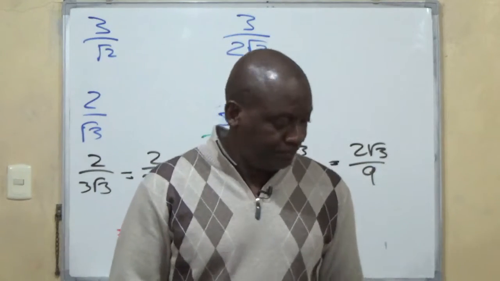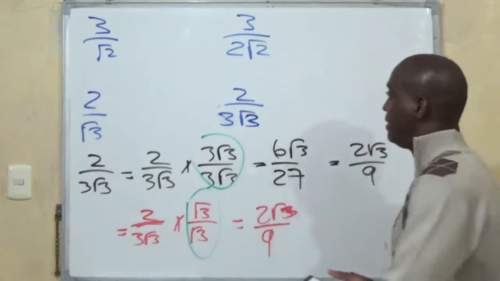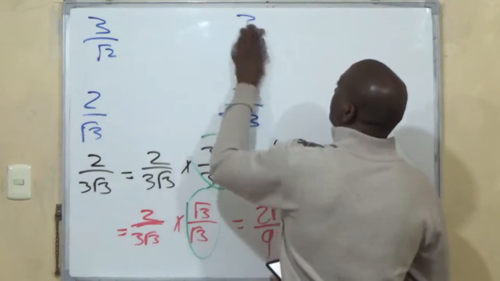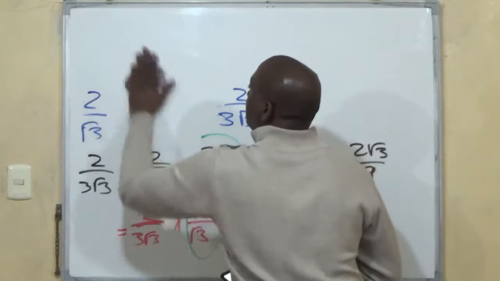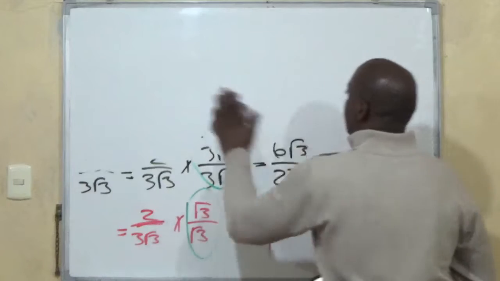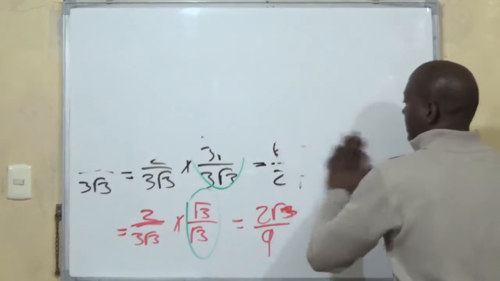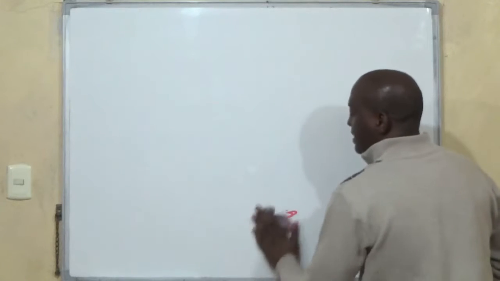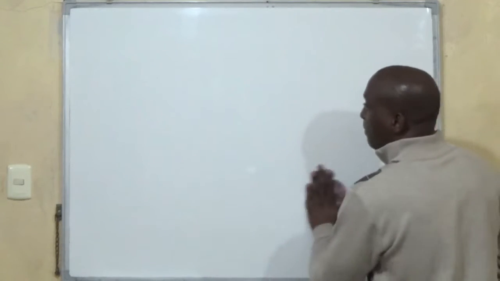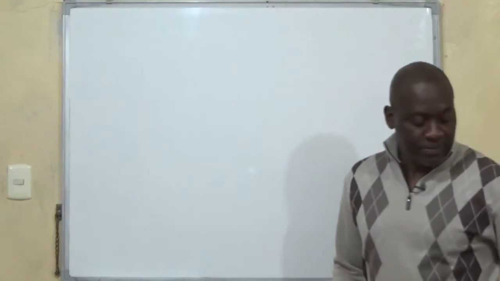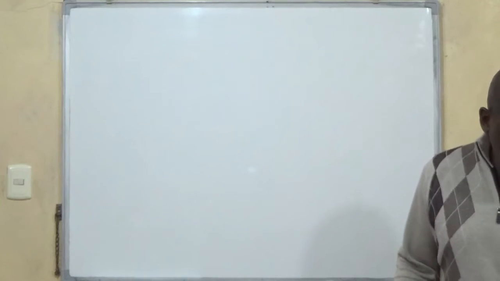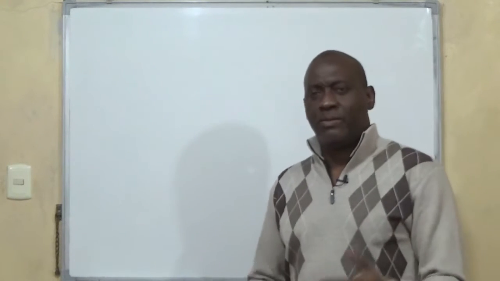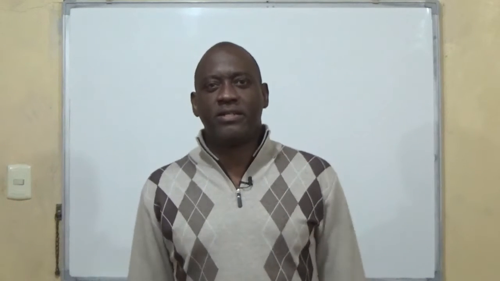Let me clear some space on the board. I'm taking my time. It might take a little longer, but the idea is to add some life to the mathematics. Let me think about what the word means. Conjugate. What's a conjugate?